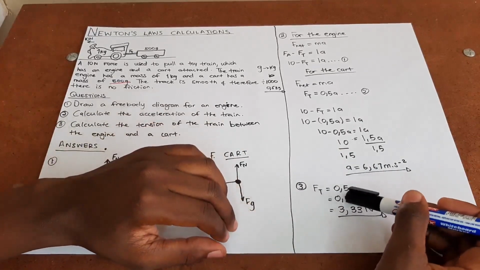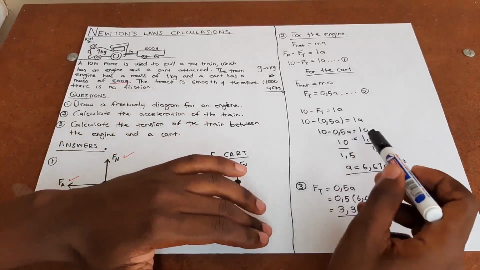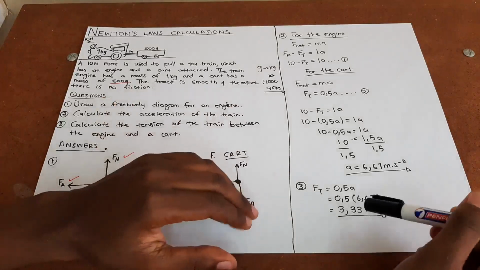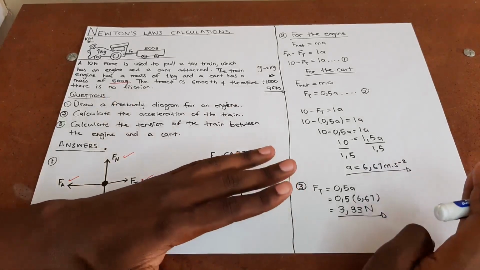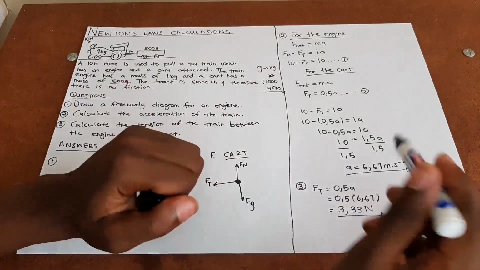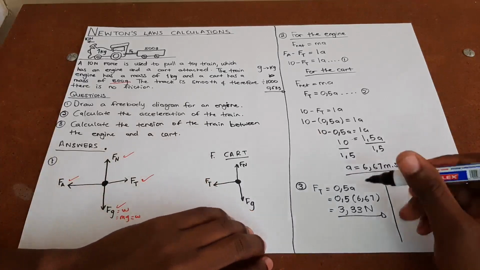I say 0.5 multiplied by 6.666, the answer that you get when you divide 10 by 1.5, our real acceleration. Our answer must be the same, so that you can be more certain.